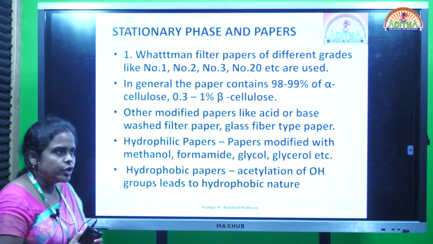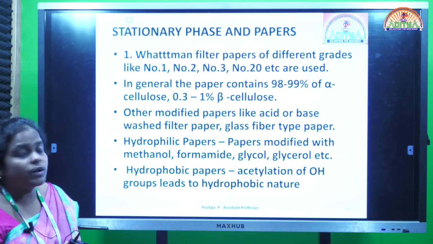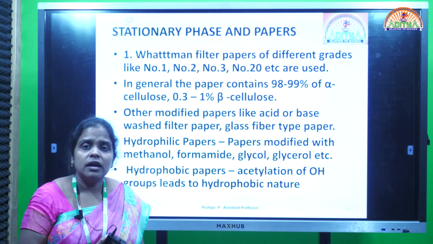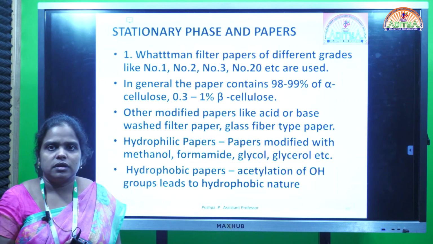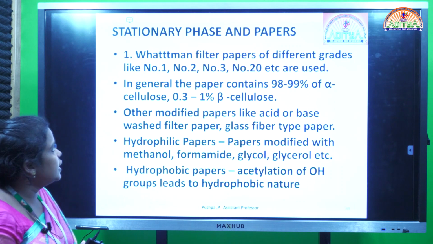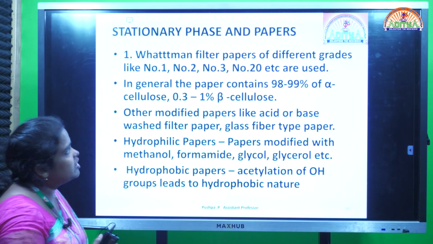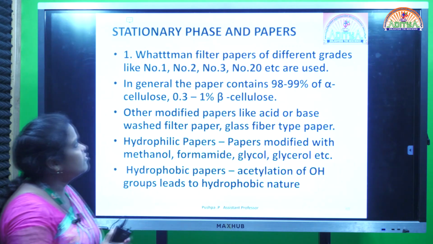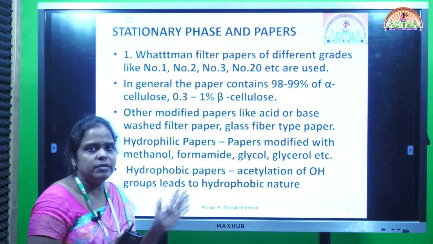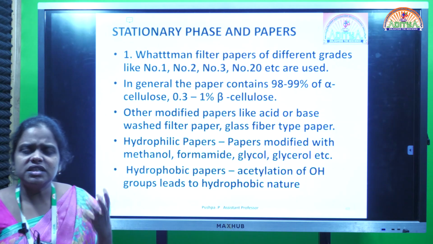Here I already told you, the name itself denotes that it is paper chromatography. That's why we use paper, and normal paper we can't use. We have to use some specialized papers. Which papers? Normally we can use Whatman filter papers of different grades. Different grades means number 1, number 2, number 3, number 20, and so on. Why do they give these different numbers?